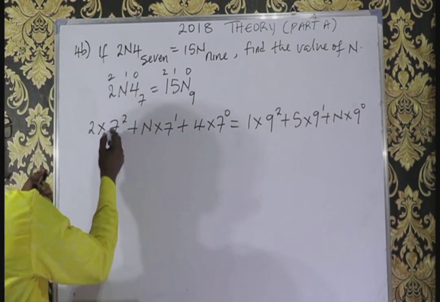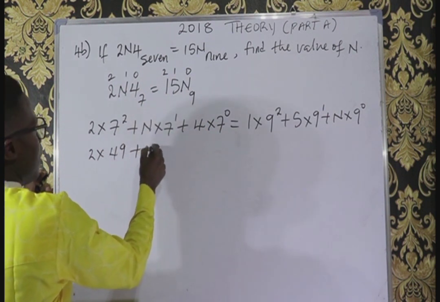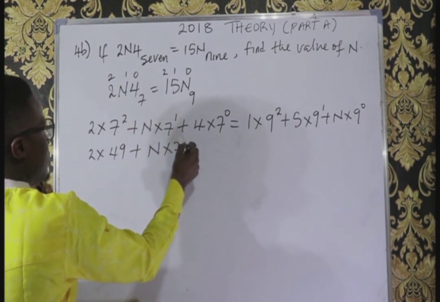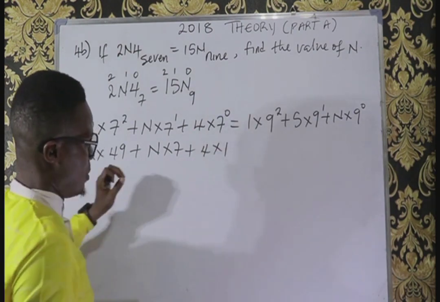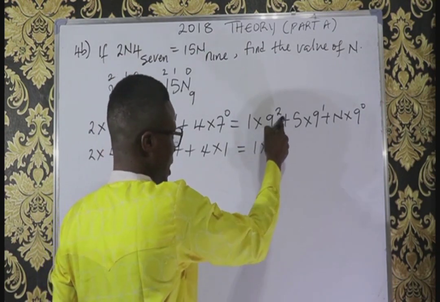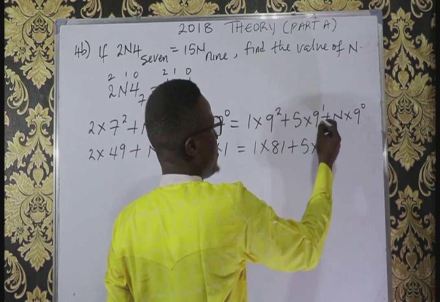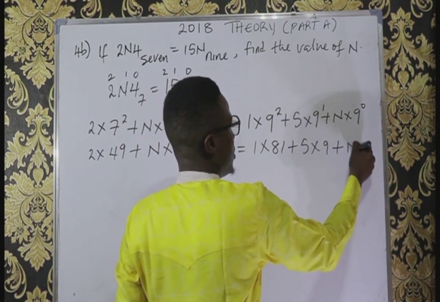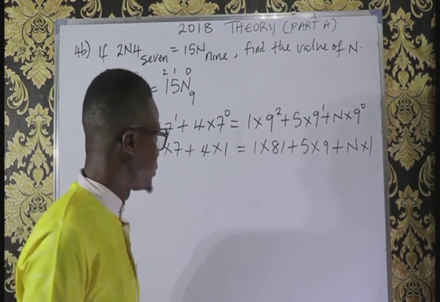So this will give us 2 times 7 squared is 49 plus n times 7 plus 4 times 1. Any number power of 0 is 1. Equals 1 times 9 squared is 81 plus 5 times 9 power of 1 is 9 plus n times 1. 9 power of 0 is 1.